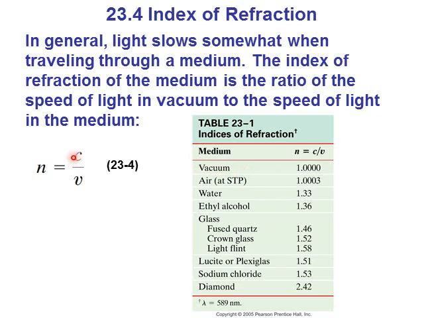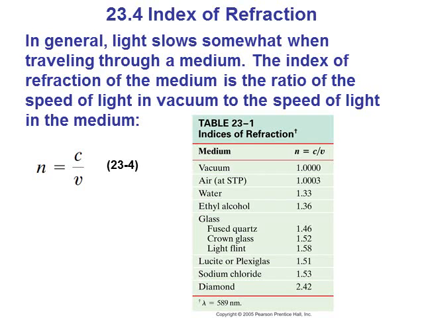But air is slightly denser than a vacuum, but not a lot. Take a look at it: it's 1.0003. That means that light will bend slightly as it travels from a vacuum into air. Water is 1.33. And then you get some interesting ones, like plexiglass is 1.5, but then take a look at diamond.